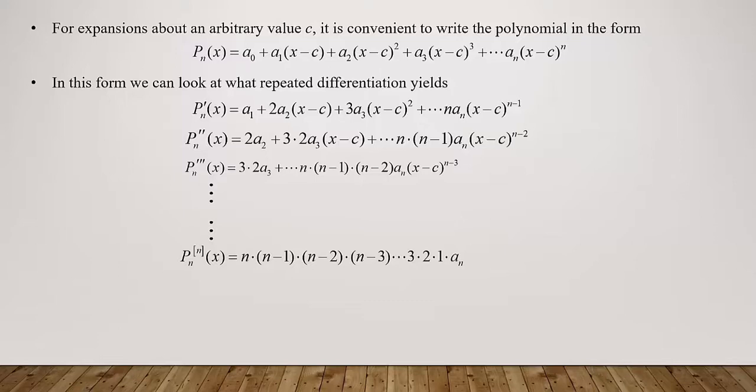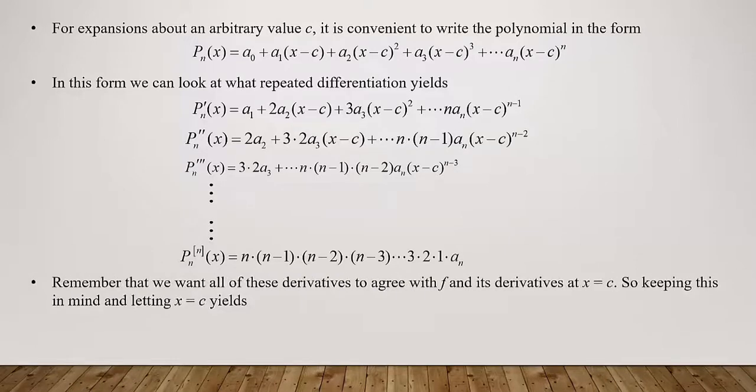I'm starting to see some stuff that looks familiar in there. Remember, for a polynomial of degree n, the nth derivative is a constant. And if you go one more, the n plus first derivative would be 0. But I'm seeing some stuff that looks familiar in here.